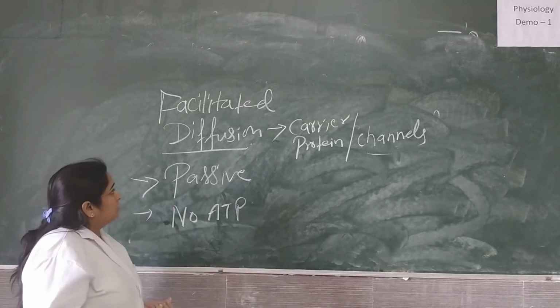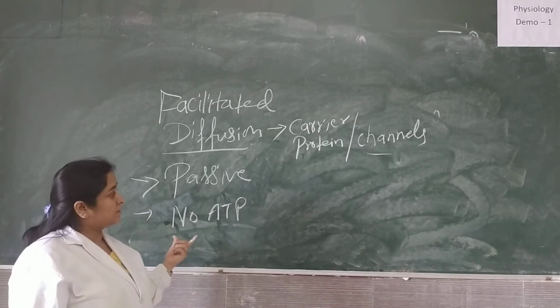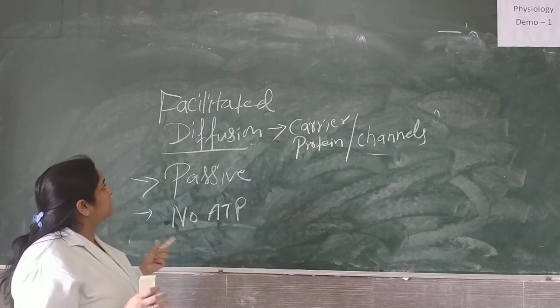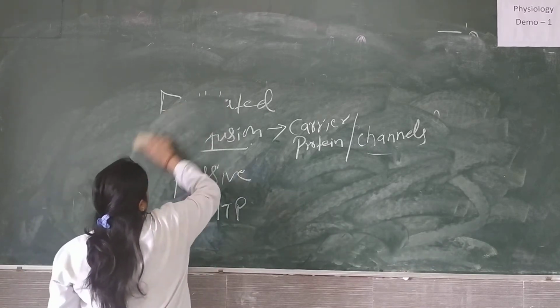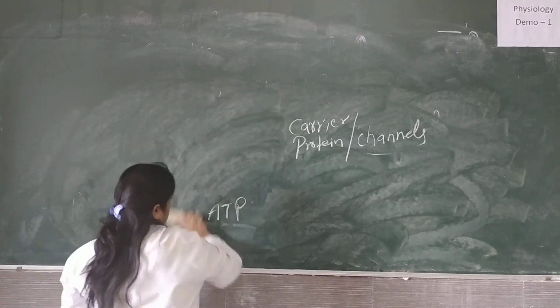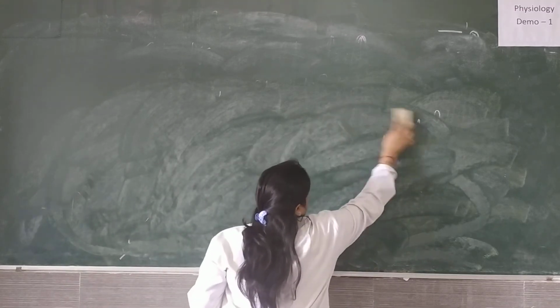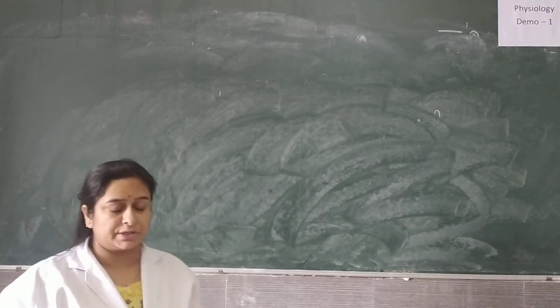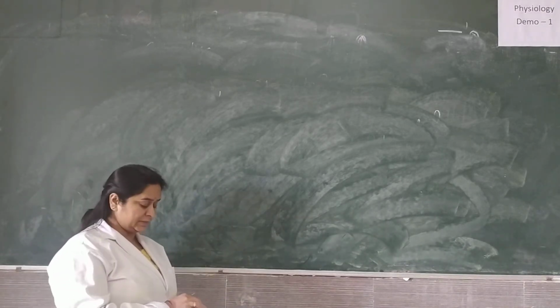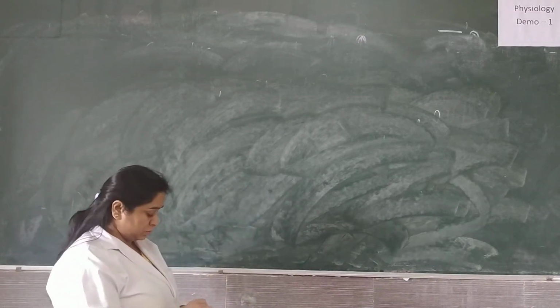Now, for better understanding, an important concept related to facilitated diffusion is osmosis. What is osmosis? Osmosis is movement of water from an area of low solute concentration to an area of higher concentration. For example, glucose.